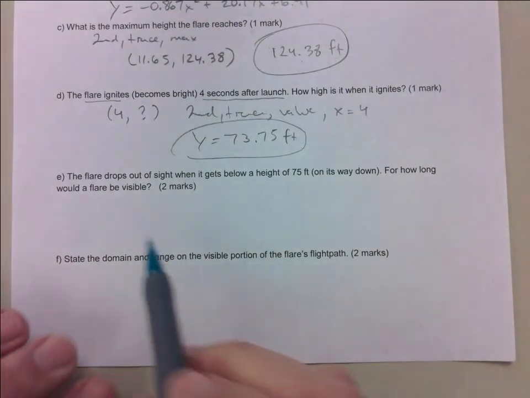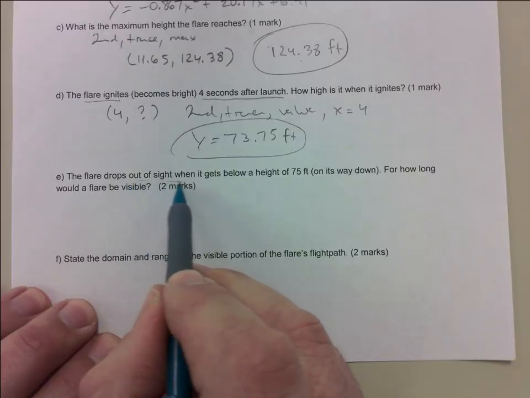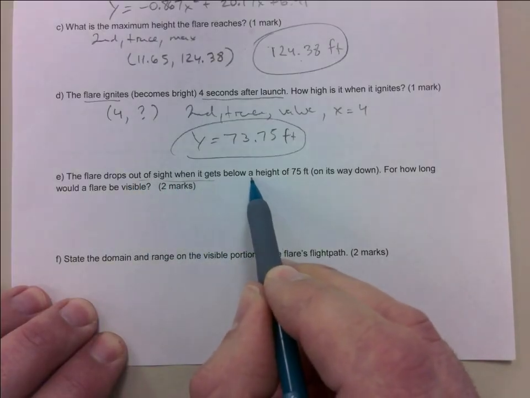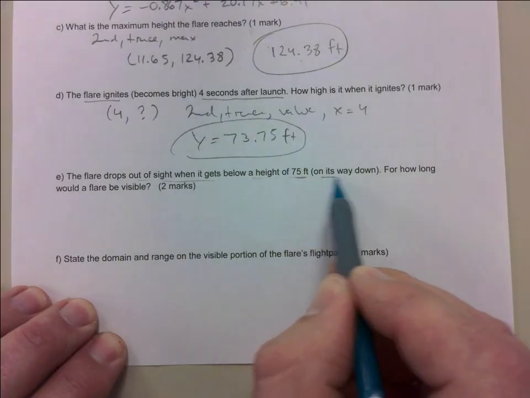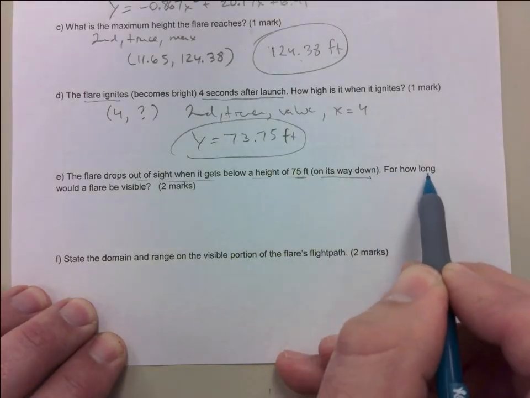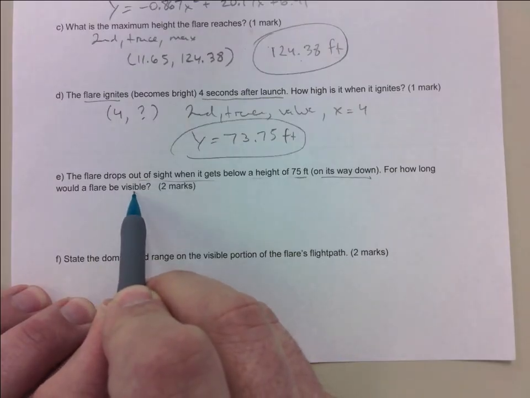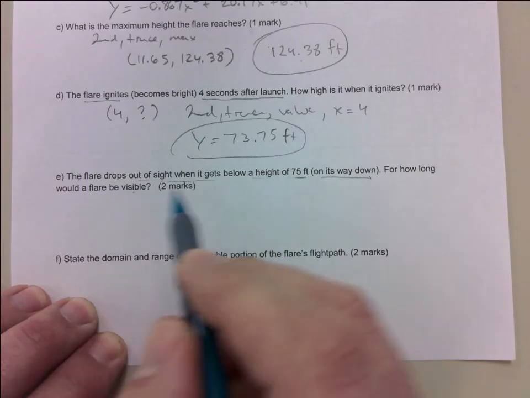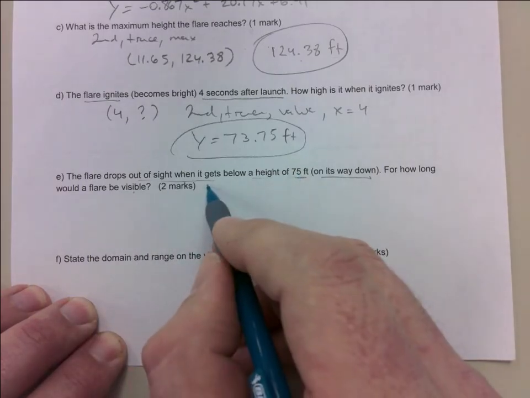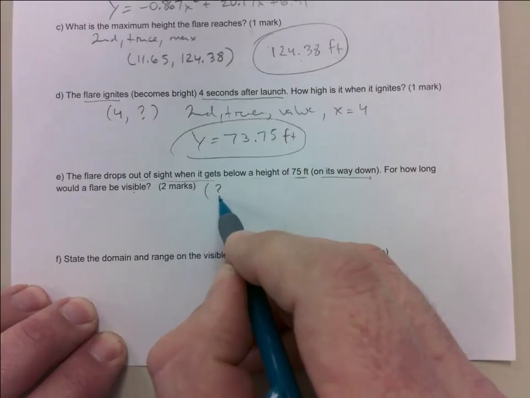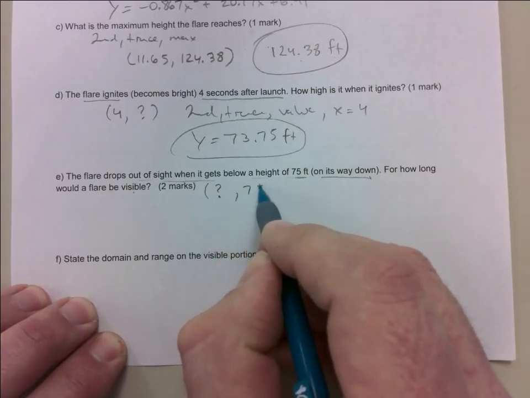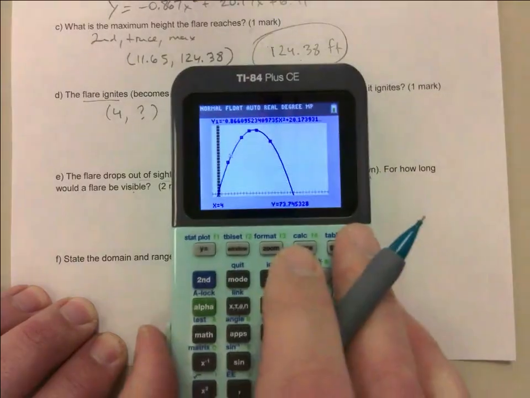The flare drops out of sight when it gets below a height of 75 feet on its way down. For how long would a flare be visible? So 75 feet is an indication that we need to figure out the time when the height is 75 on its way down.